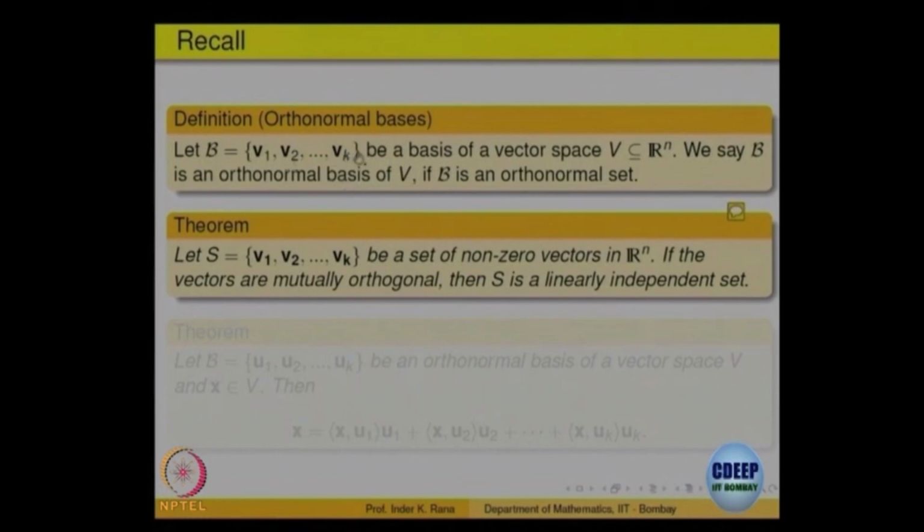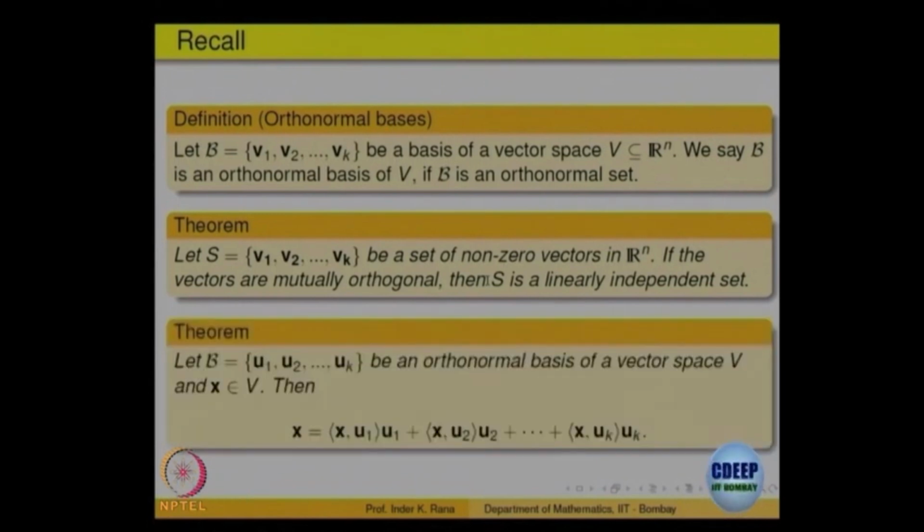And then we proved a result that if a set of vectors is orthogonal, and of course none of them is 0, then that is linearly independent.